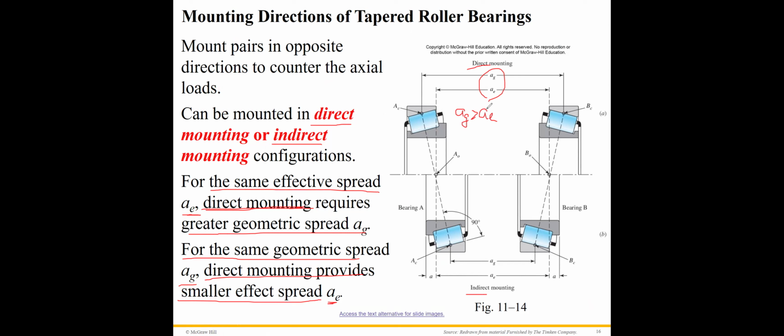So what is the A? A is what I mentioned previously: the extended force line, which has an intercept with the shaft center line, and we define this effective location A. So from this figure, it is right here.